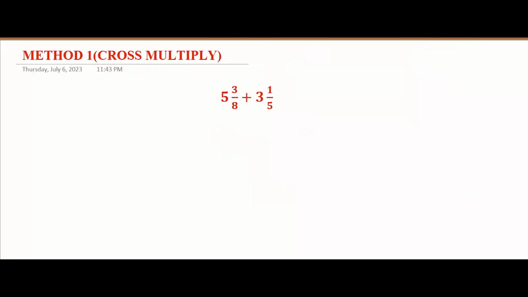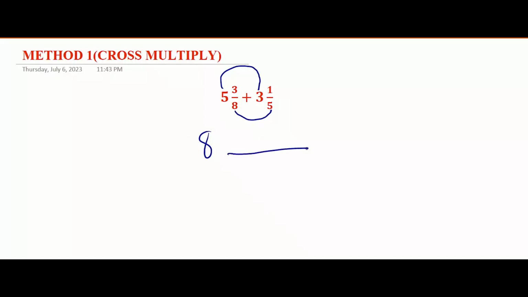Let's look into another method. So similarly, we need to add the whole numbers together. When we add the whole numbers, we have 8 whole number. So let's multiply the denominators. That will be 8 by 5, that is 40. Then we need to multiply 3 by 5. So that will be 5 times 3, 15. Okay, let me write it here.